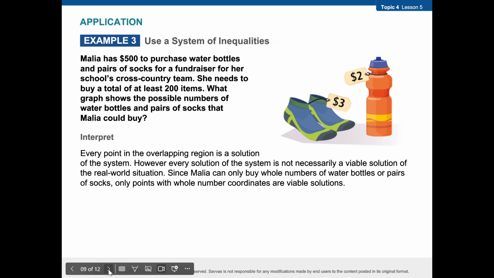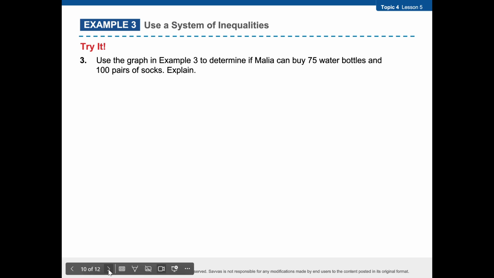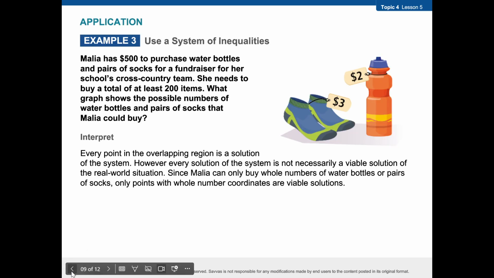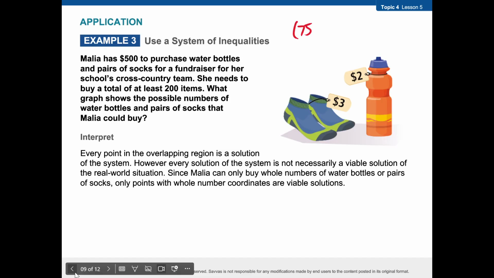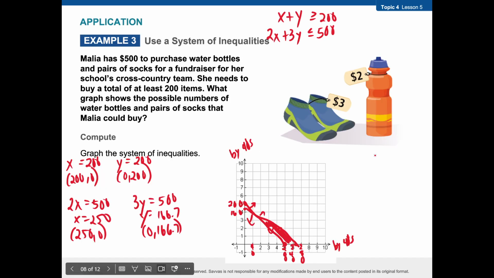The next question would be, can she buy 75 water bottles and 100 pairs of socks? So 75 water bottles and 100 socks.